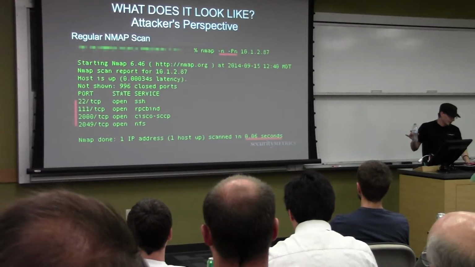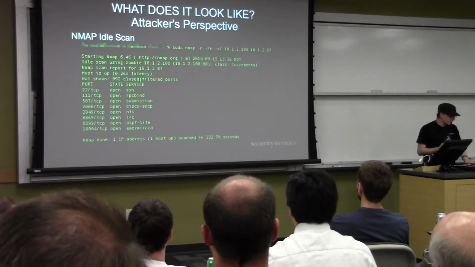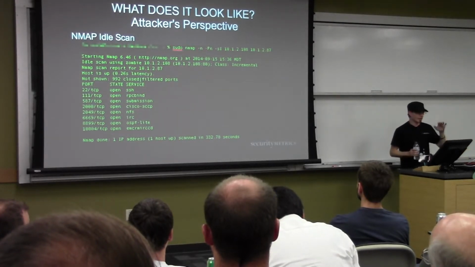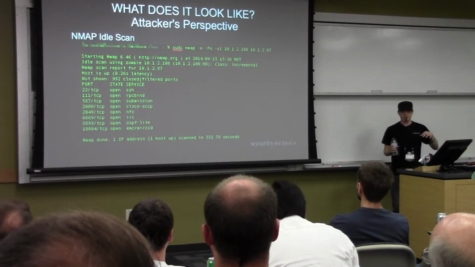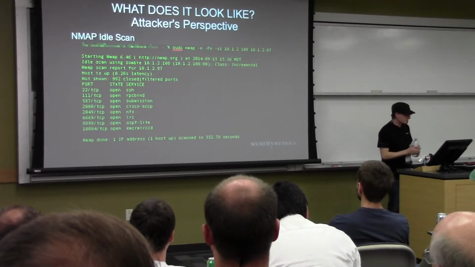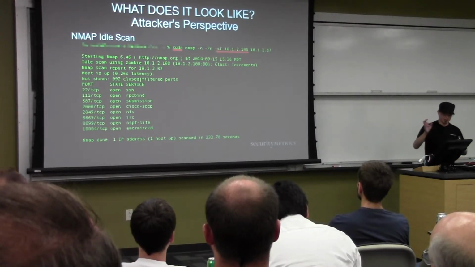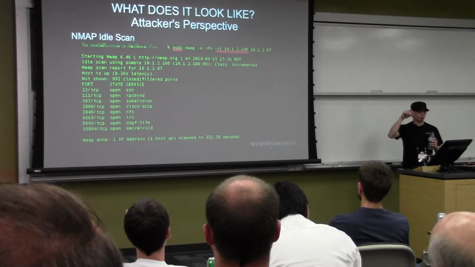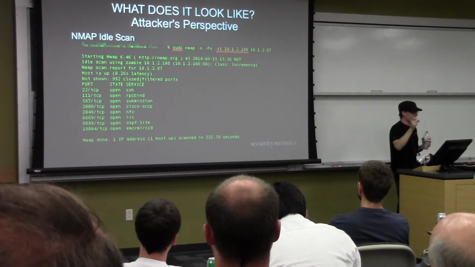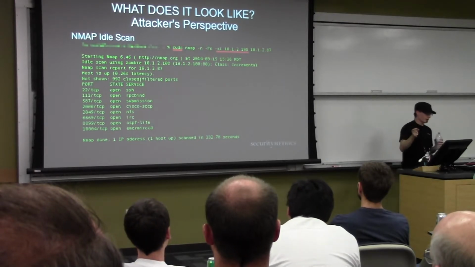With an idle scan, we've got a few different things here. First, it does need to be run from an elevated user account because you're crafting raw TCP packets. Secondly is the -sI flag. That is the actual flag to indicate I want to do an idle scan, plus the IP address of the zombie that you want to use.